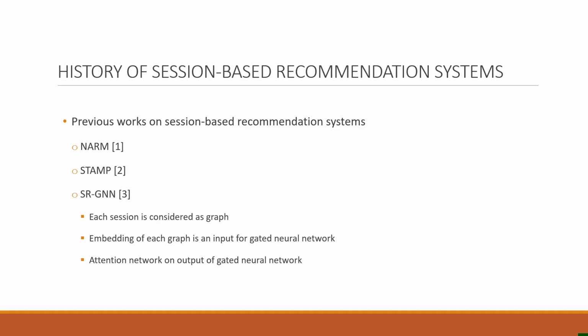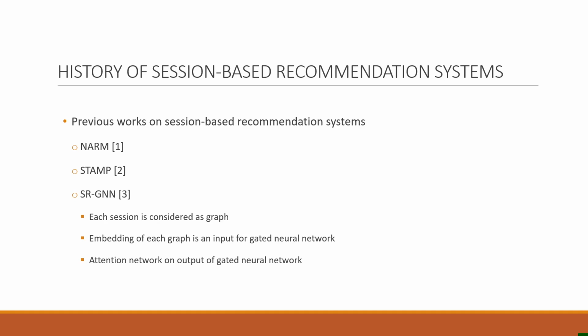The first of these studies, NARM, applies an encoding layer with an attention mechanism to model the user's behavior. The next one, STAMP, proposes that long-term memory may be insufficient for long sessions, so a short-term attention mechanism is introduced as a solution.